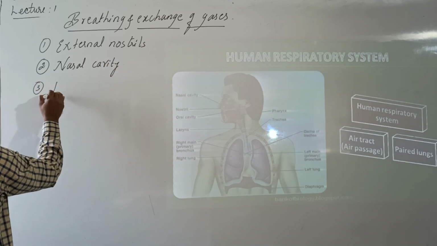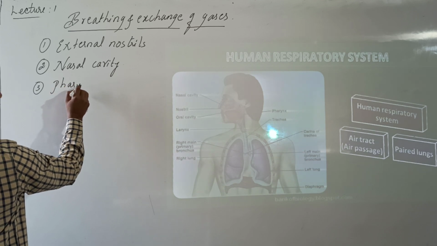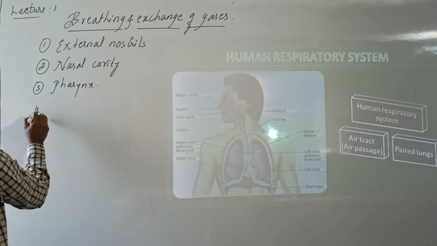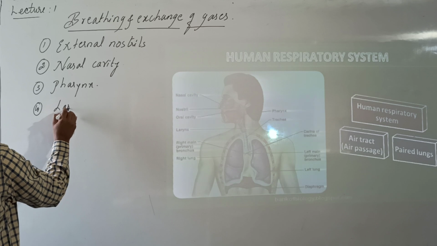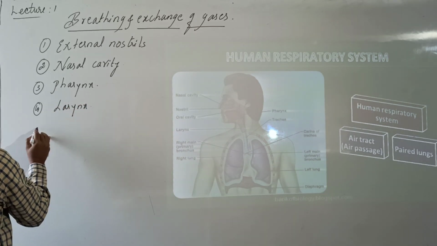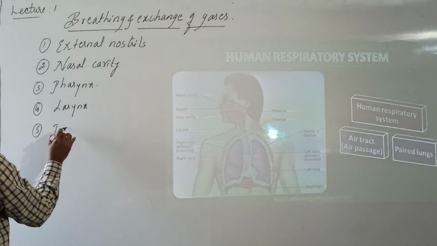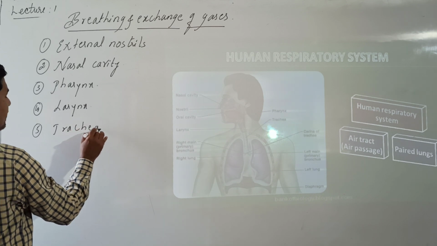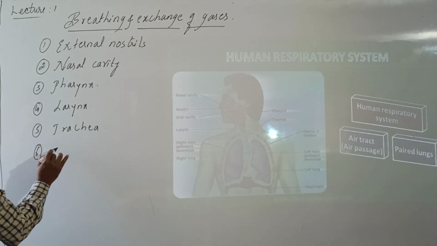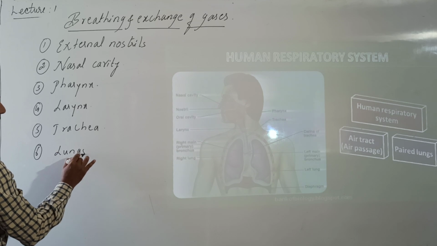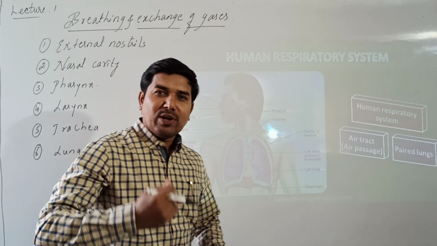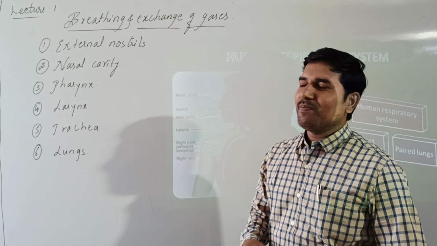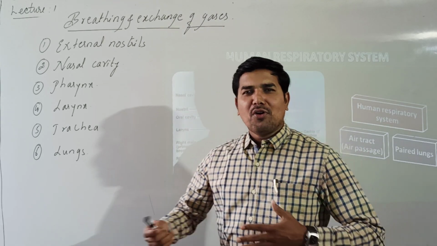Third one is pharynx. Fourth one is larynx. Fifth one is trachea. And the sixth one is lungs. If we look at the human respiratory system, we find all these parts.